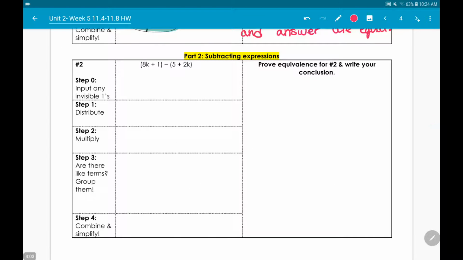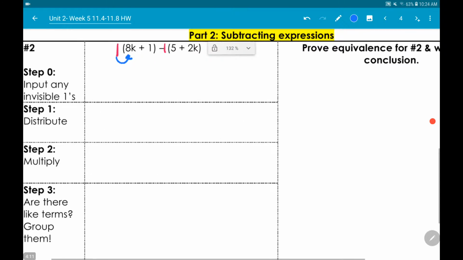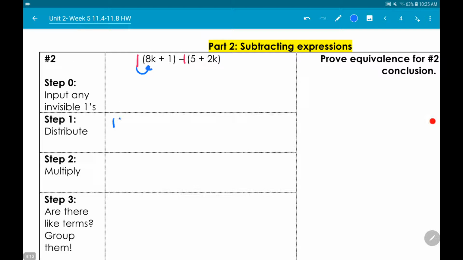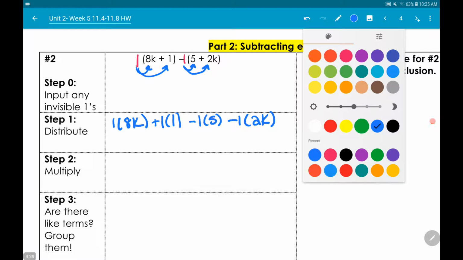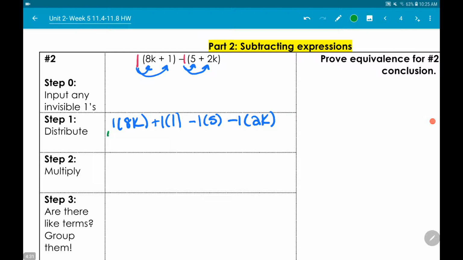Same process though. So I insert my invisible ones, and now I'm going to go ahead and distribute. Great. So now multiply.